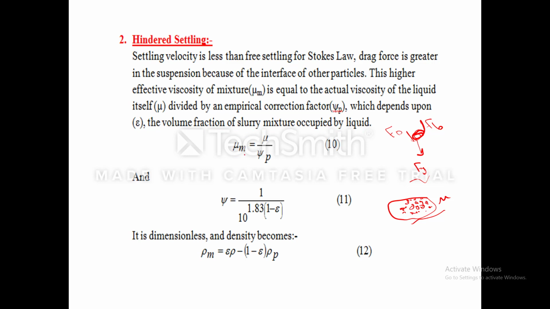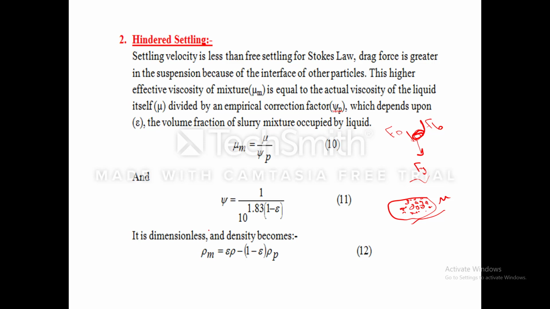So mu mixture will be equal to mu over psi p, and psi is given by this correlation: 1 over 10 to the power 1.93 multiplied by (1 minus porosity).